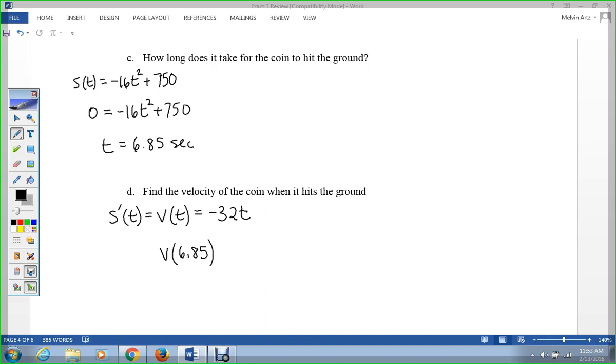So if we found v of 6.85, we would get negative 219.2, and that would be feet per second. That's just plugging 6.85 into our velocity function, so 6.85 times negative 32, which is negative 219.2.